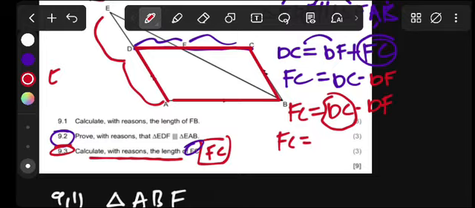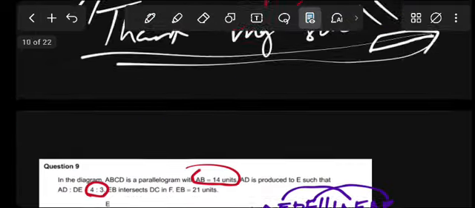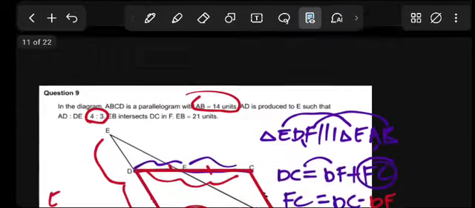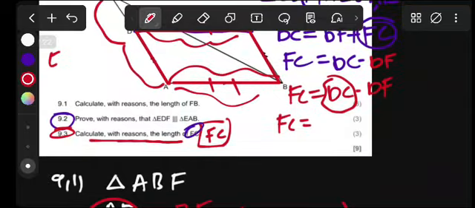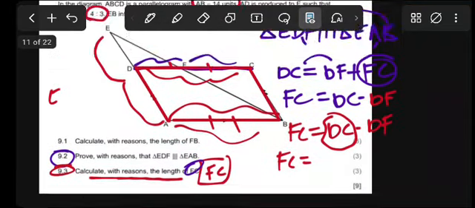So remember, in a parallelogram, opposite sides are equal. That means AB is equals to DC, and we're given AP from the statement. AP is 14 units. That means also DC will be 14 units.